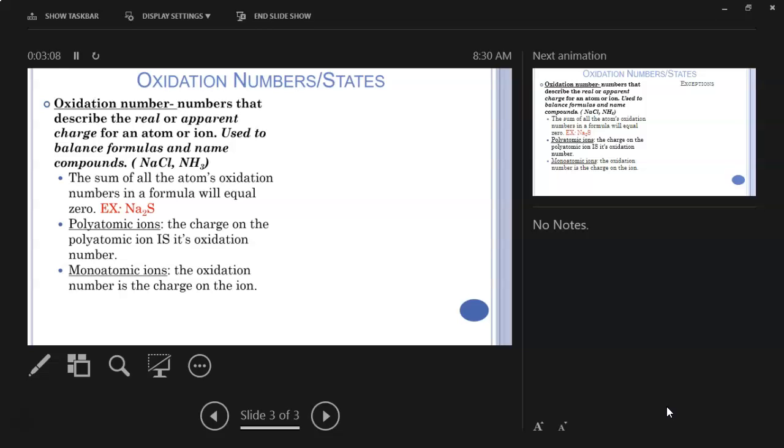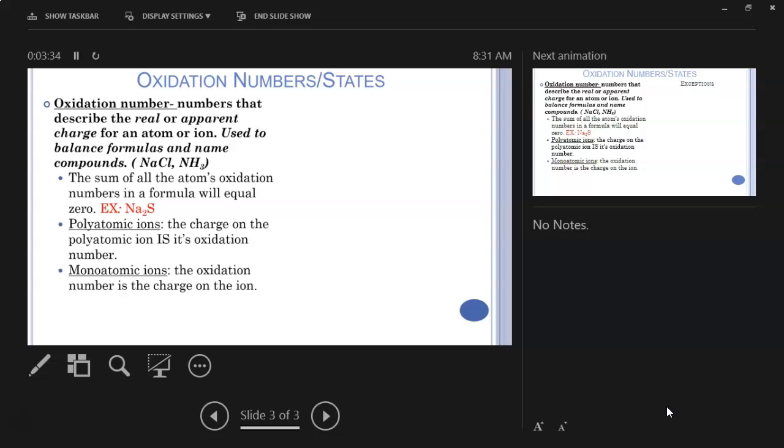So sodium sulfide: sodium has a +1 oxidation number, and I've got 2 of them, so 2 times +1 gives me +2. What's sulfur's oxidation number? Look on your periodic table real quick. Look above group 16. What is it?